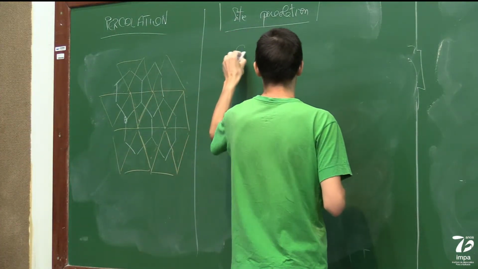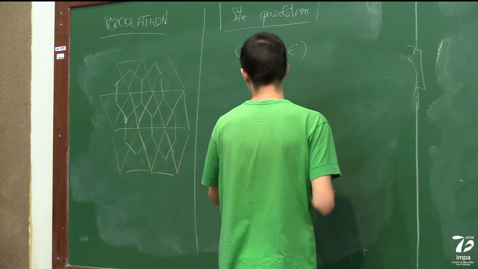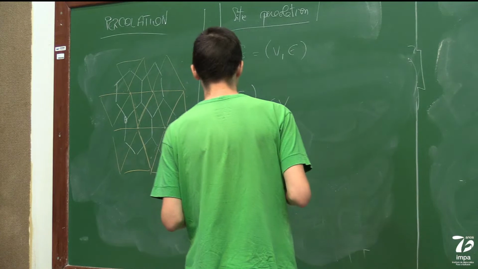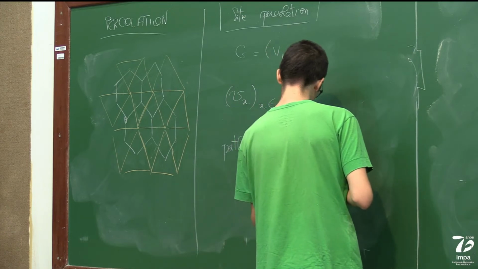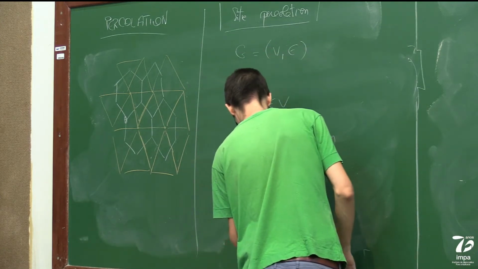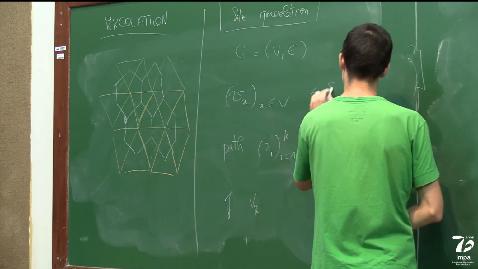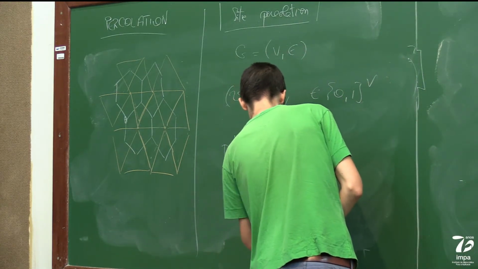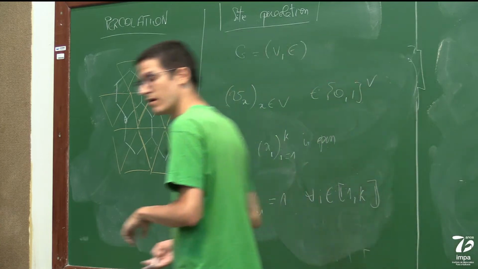Let's say you start from the graph, and now you're given Vx, x in V, and you say that a path xi, i equal 1 to k, is open if Vxi is equal to 1 for all i in 1 to k.